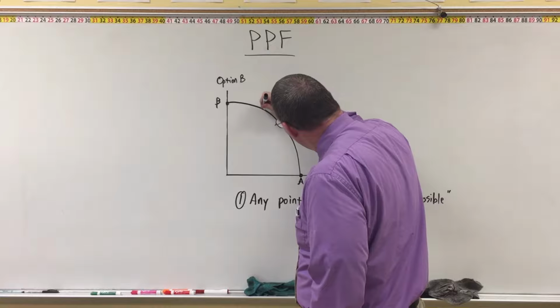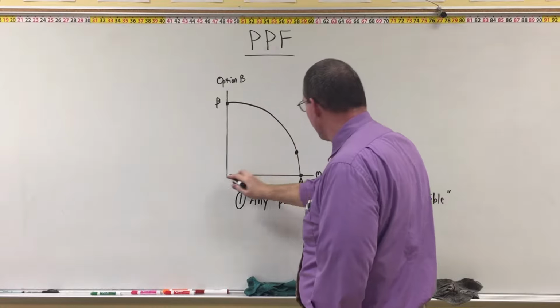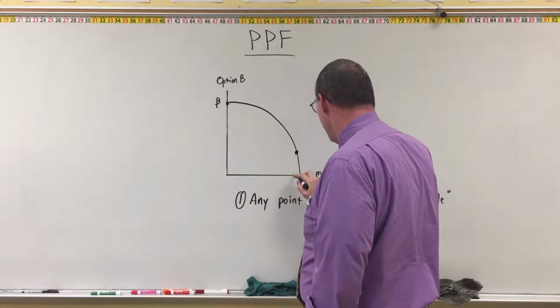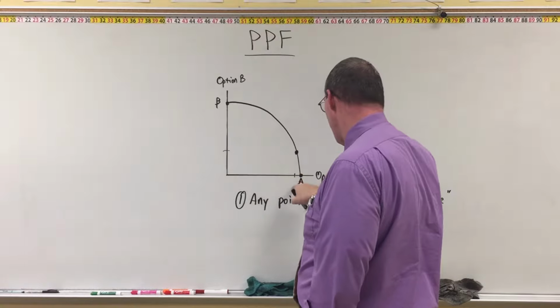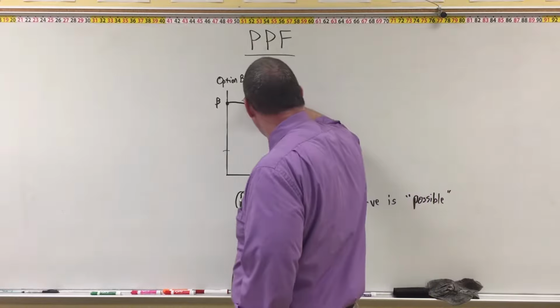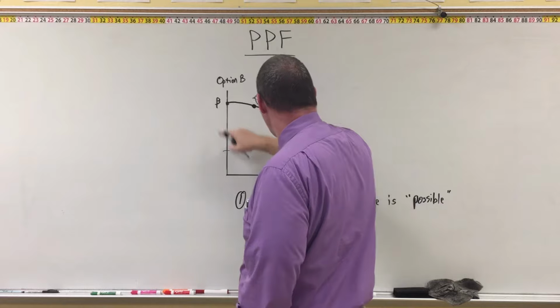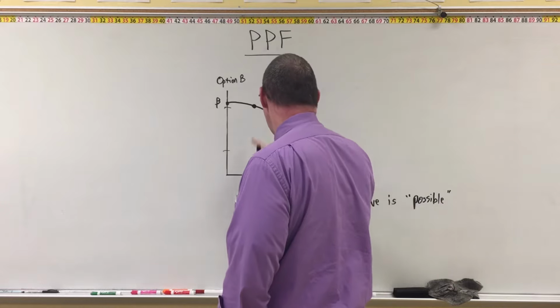Let's say this point here, which is a lot of A and a little bit of B, okay? So here we go, this much B and this much A. We're going to call that point C. Let's say this point up here is a lot of B and a little bit of A, okay?